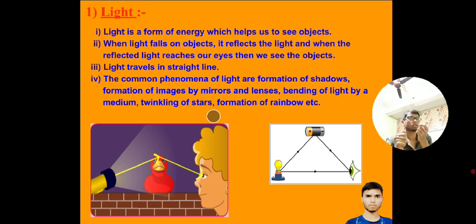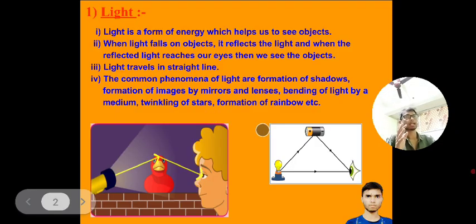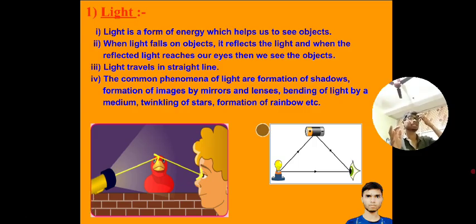Then turn the switch of the light source on. The light falls on the surface of the object, and the opaque object forms a shadow because it blocks the light. That's why it forms a shadow. Okay, till here it is clear.